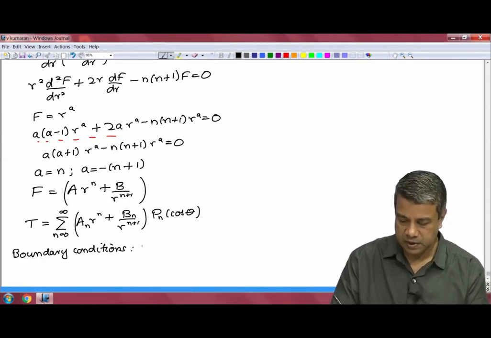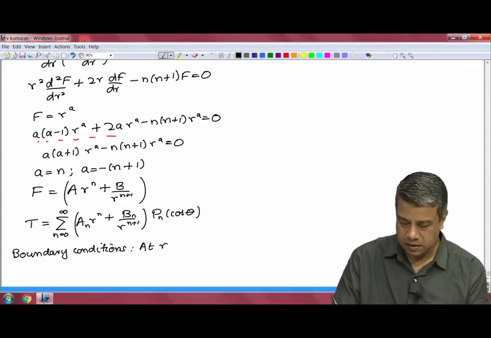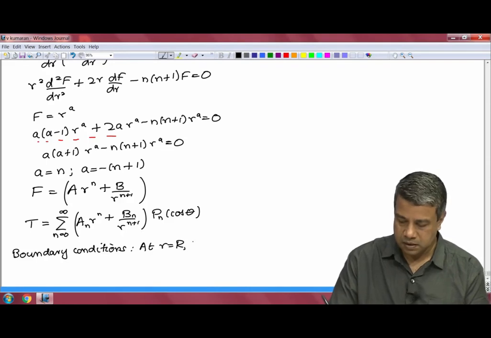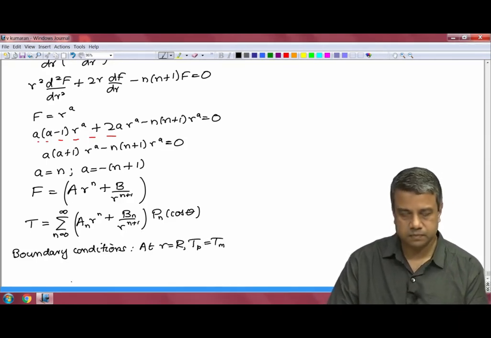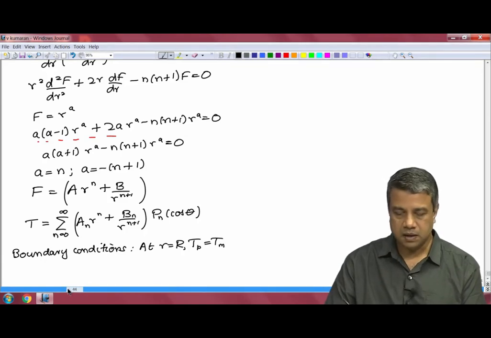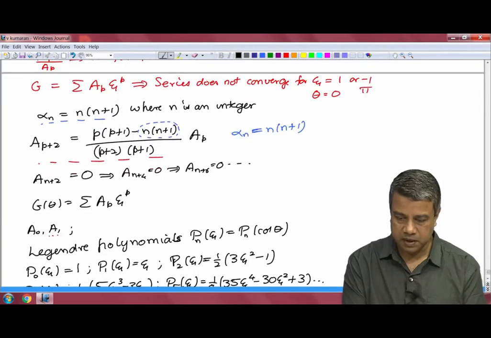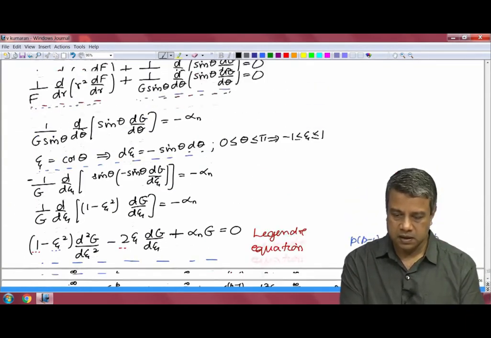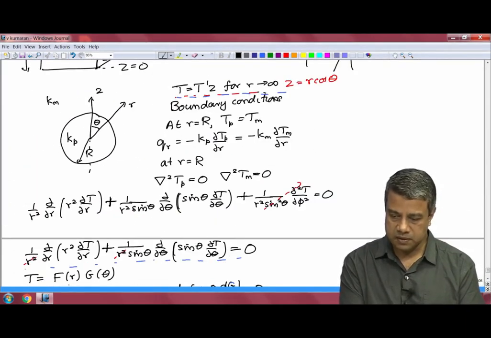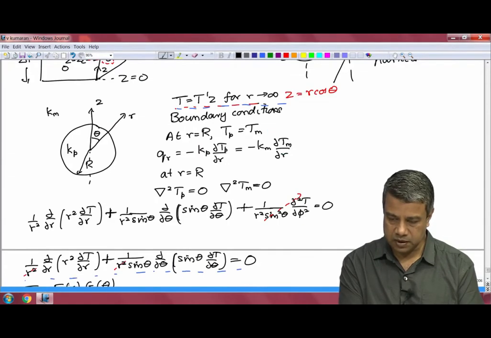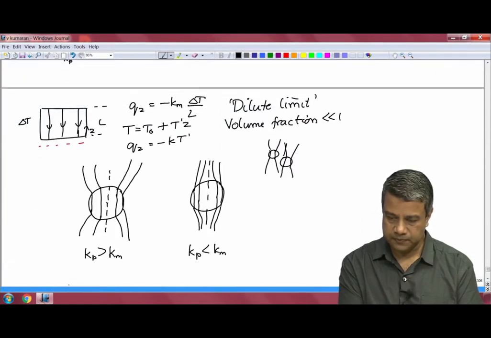At r is equal to capital R, the temperature Tp is equal to Tm. Recall that we had solved this Laplace equation for both the particles and the matrix. The equation for the temperature was exactly the same in both the particles and the matrix.